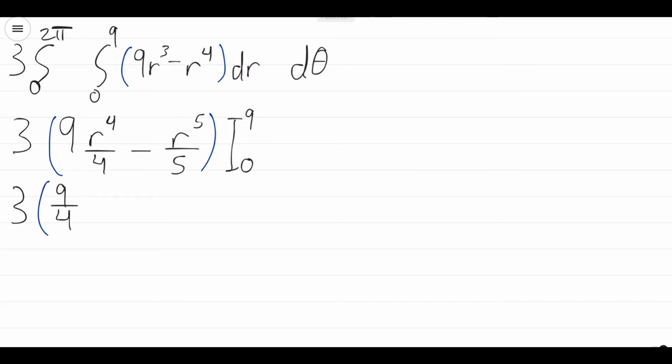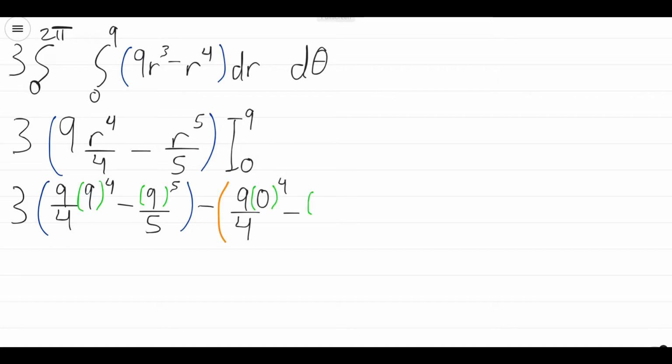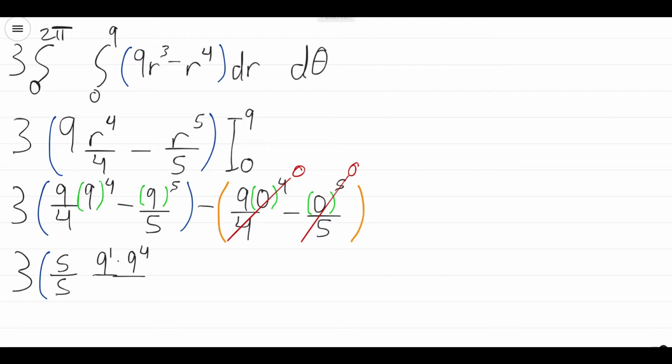So 9 over 4 times 9 to the 4th minus 9 to the 5th over 5, minus 9 times 0 to the 4th over 4 minus 0 to the 5th over 5. And these zero out, and we're left with 3 times 5 over 5, and this is what I was talking about, times 9 to the 1 times 9 to the 4th over 4.